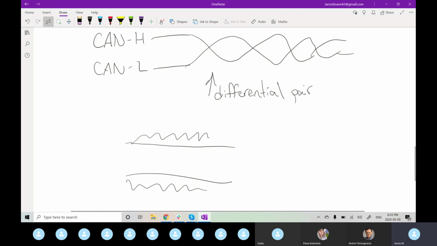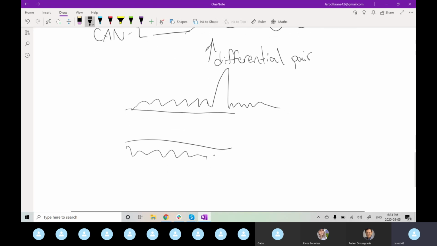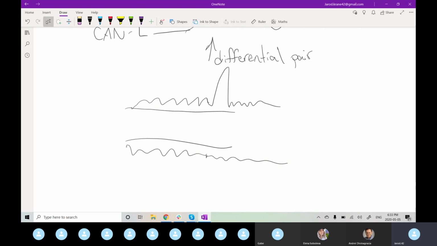If the wires are not twisted, if they're just two separate wires running across the length, one may pick up interference and send it on, and the other may not pick that up.